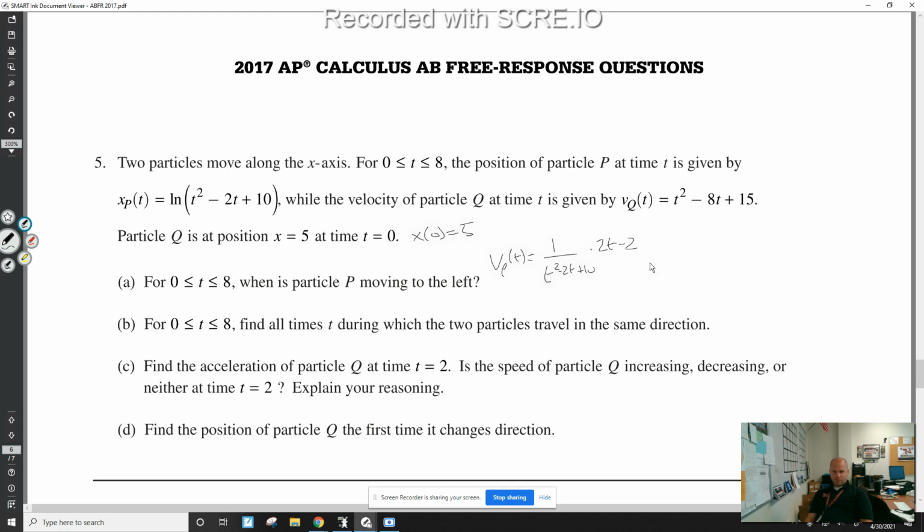That's this. Now we got to set this equal to 0. We're going from 0 to 8. Can I factor the bottom? I can't. I assume that the only time is at 1.